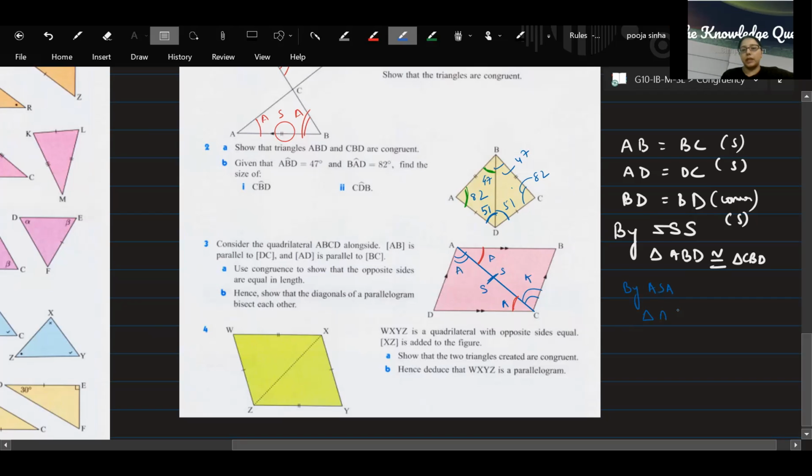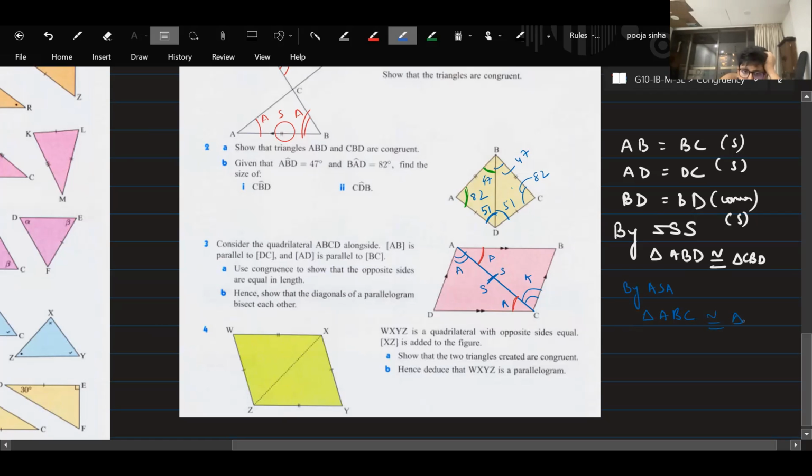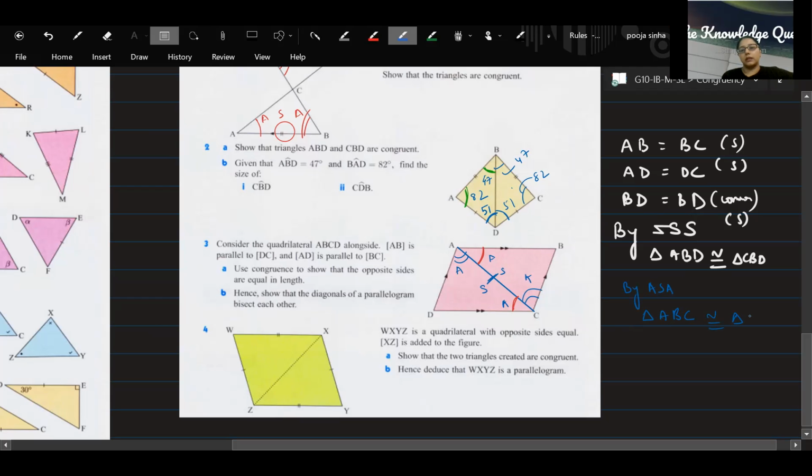Triangle ABC and triangle ADC. ABC and CDA, yeah.